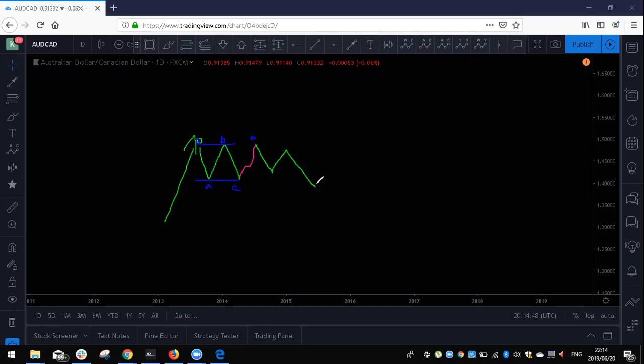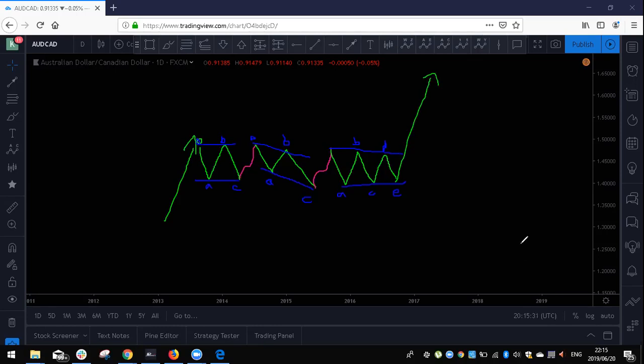After the zigzag, price still doesn't move, and then it starts to form a triangle like this. So your zigzag is A, B, C, and then your triangle is A, B, C, D, and E. And only then do you get your impulse.